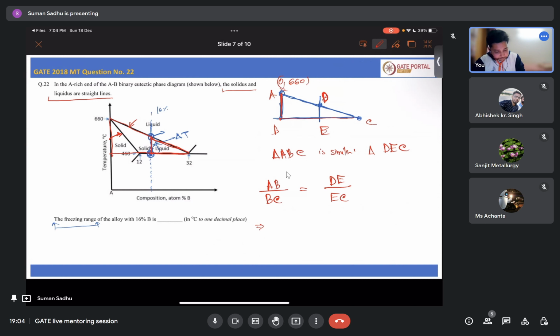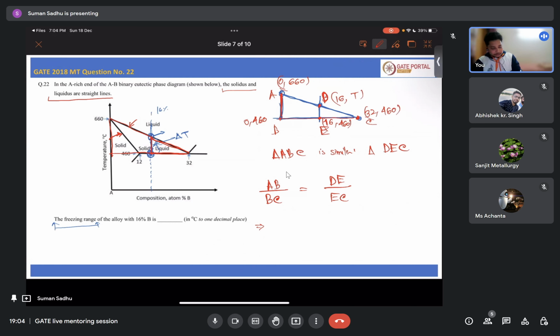At D, composition is 16 and you don't know the temperature, let's say temperature is T. At E, temperature is 460 and the composition is also 16. And at C, composition is 32, temperature is 460.